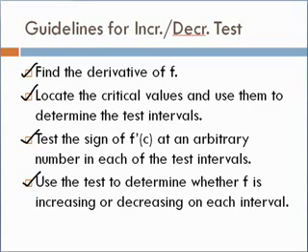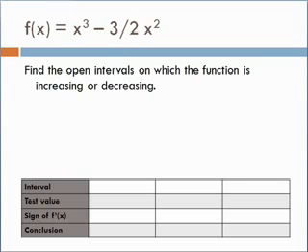All right, well, let's try it with a function that has a little bit more going on than the x squared and the x cubed. So let's take a look at this one. Find the open intervals on which the function is increasing or decreasing. If you go back to those guidelines, the first thing we have to do is find the derivative.